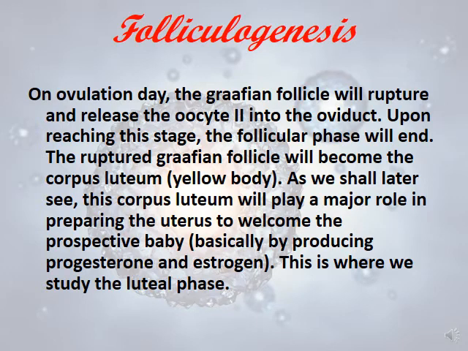On ovulation day, on day 14, what will happen? The Graafian follicle will rupture and release its content, which is oocyte 2, into the oviduct. Upon reaching this stage, the follicular phase will end and the Graafian follicle will become what's known as the Corpus Luteum, or the yellow body.